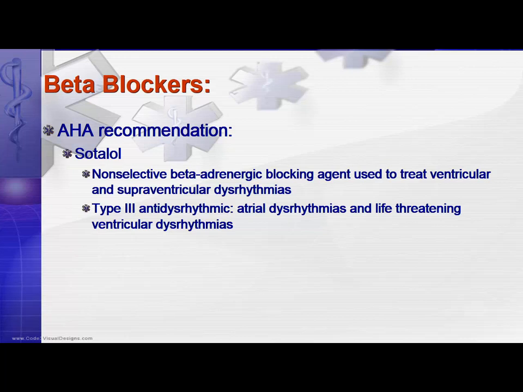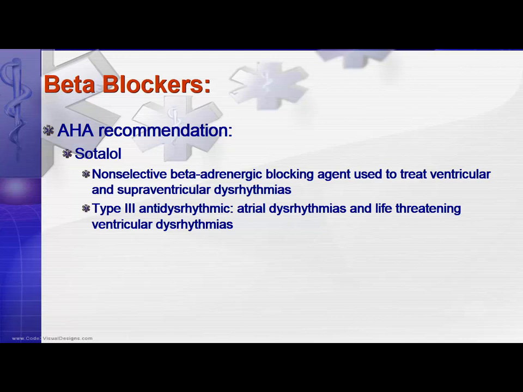If you think about the other end of the spectrum, just to help you understand that, sotalol is a non-selective beta adrenergic blocking receptor, whereas something like albuterol is a selective beta 2 adrenergic sympathomimetic. So it selects the beta 2 and works on that, which is why it's a good drug for bronchodilation, right?